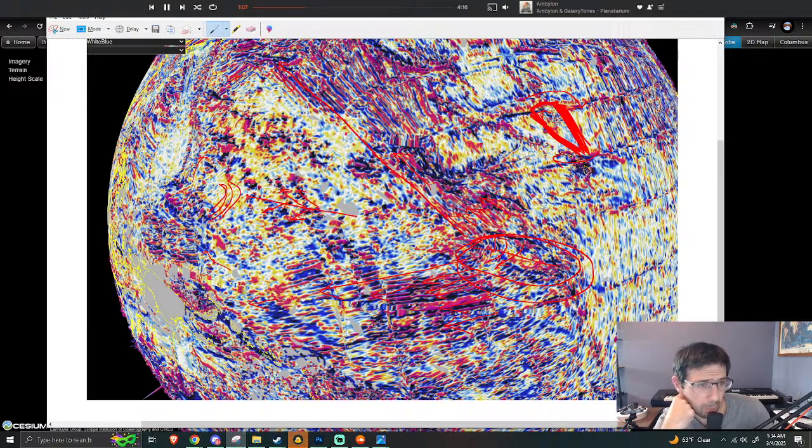Where the flow, I mean, for certain, it has to be going this way, basically. And then generally running into resistance at the Mariana Trench.